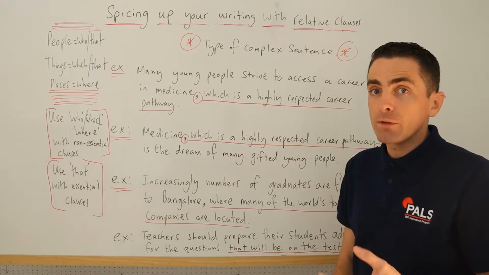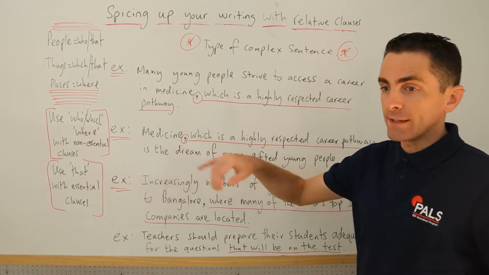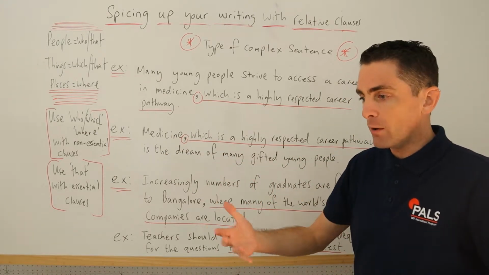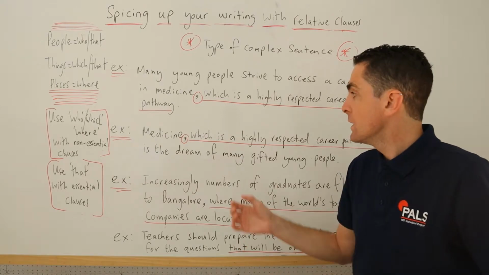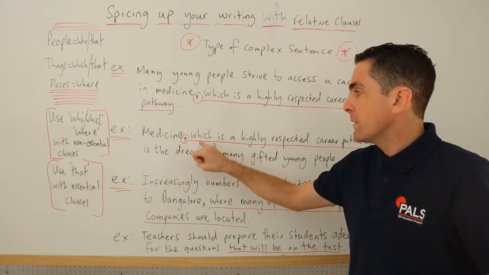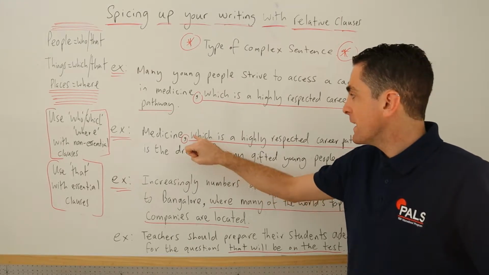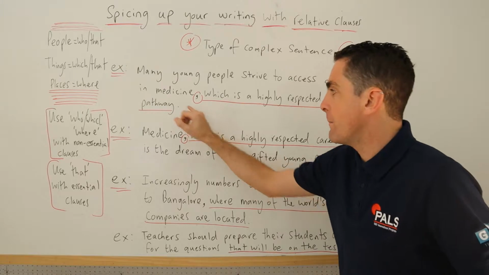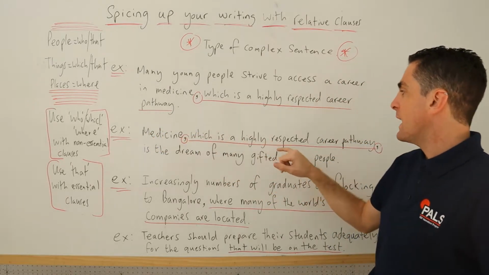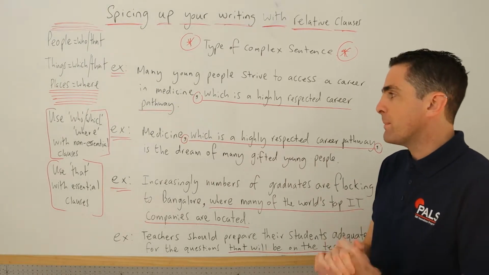So, again, we've used medicine as our important noun here that we're going to describe or give more information about in our relative clause. And you can see medicine, comma, then which again, because medicine is a thing, okay? And then we give more information about medicine. Medicine, which is a highly respected career pathway, comma, is a dream of many gifted young people.